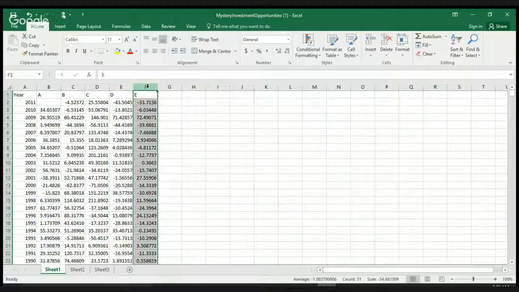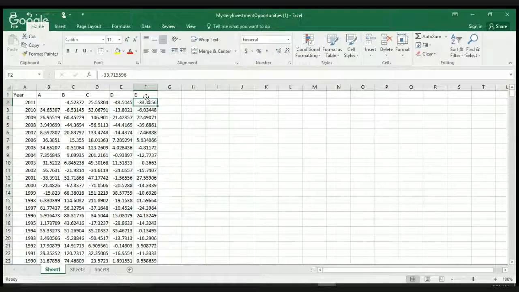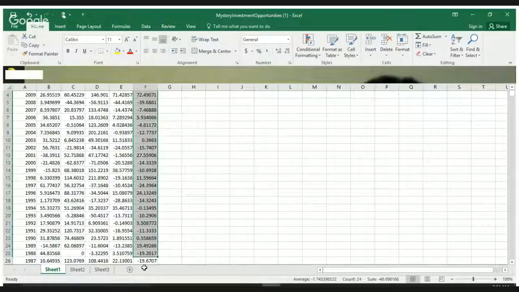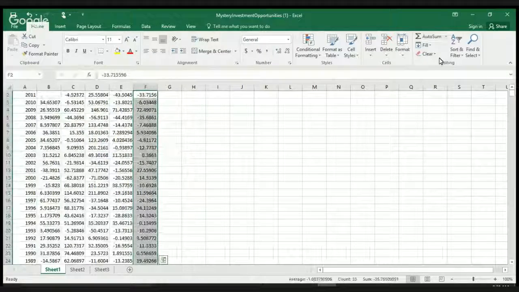Well, we know what that means. Okay, so what if I highlight all of E? Nope. I don't know how to figure it out in here.